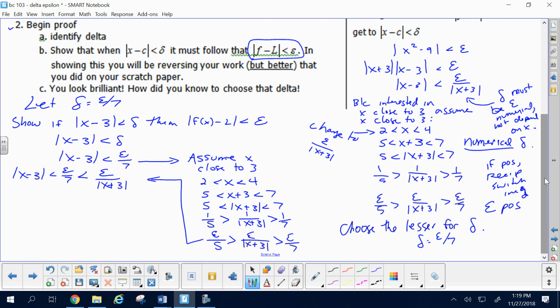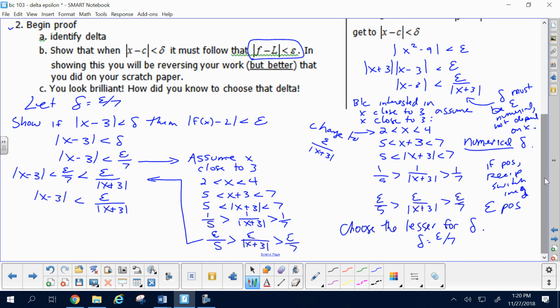The first part is from the previous step. This part is from that which we just proved. Now, if A is less than B is less than C, then A is less than C. And we can say that the absolute value of x minus 3, therefore, must be less than epsilon over the absolute value of x plus 3.